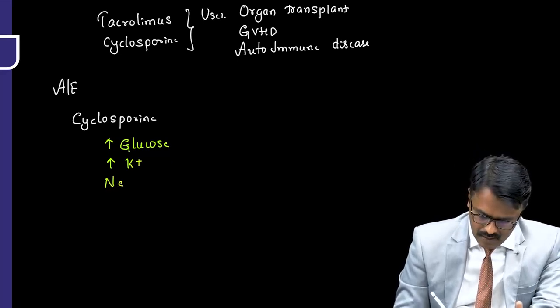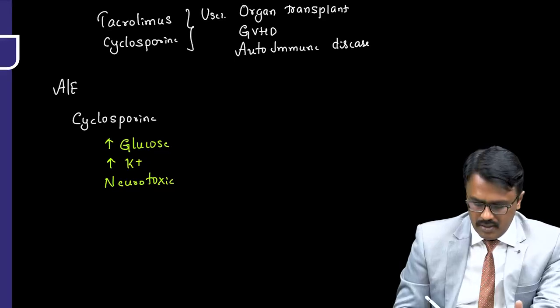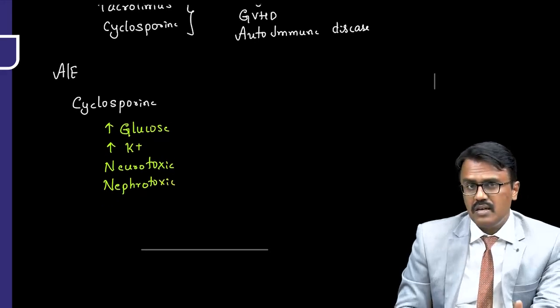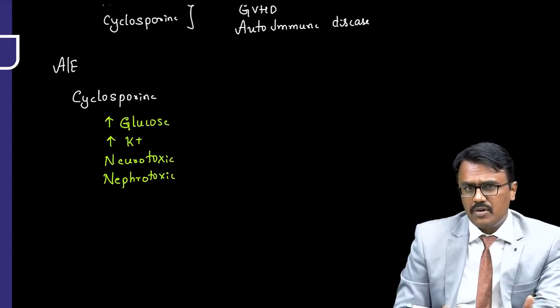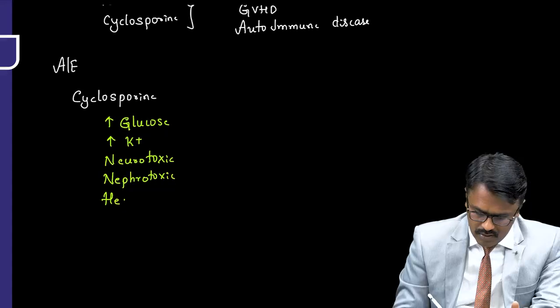The drug is neurotoxic. It is nephrotoxic. Nephrotoxicity is the dose limiting toxicity, which means you cannot increase the dose, as kidney toxicity can occur, and hepatotoxicity is also a problem.